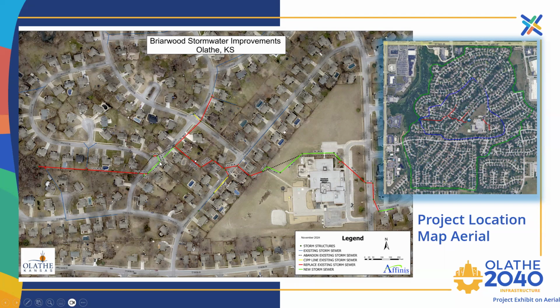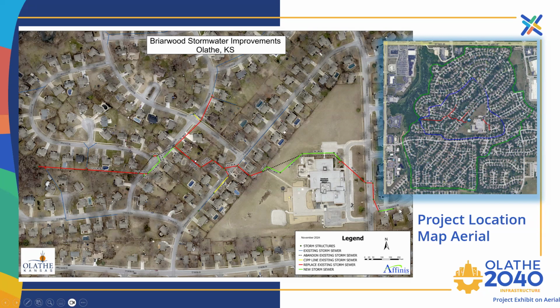goes southwest down Edinburgh Street, and then turns back due west in the backyards of these homes along Briarwood Court and east of Briarwood Court, and then between Briarwood Court and 138th Street Terrace is right here, ultimately discharging into Indian Creek at its existing discharge location.